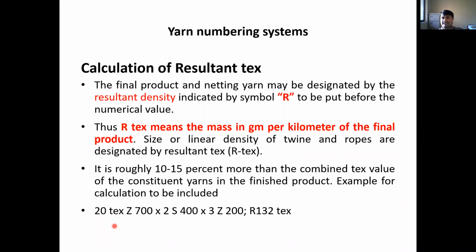That 20 tex single yarns are twisted so that twist direction is right-handed direction. That means Z is the direction of twist.